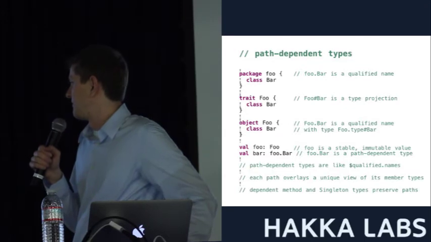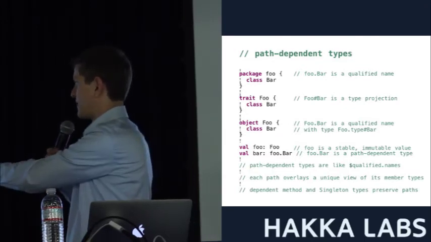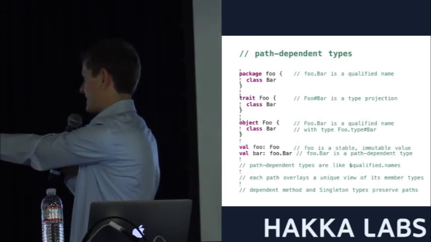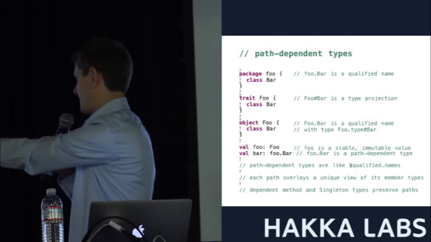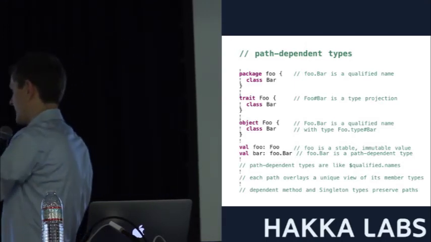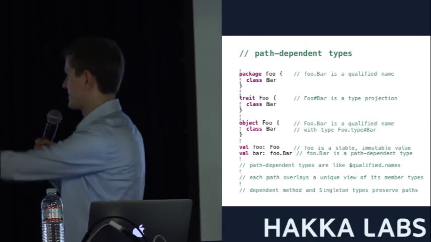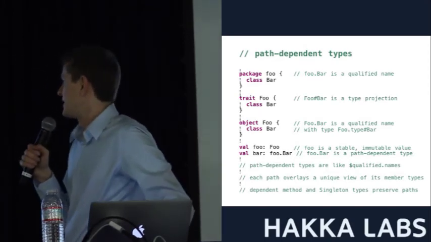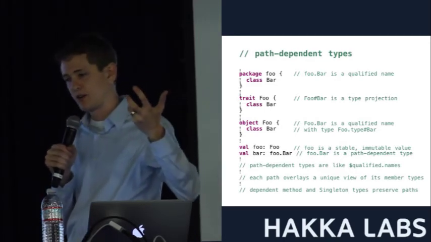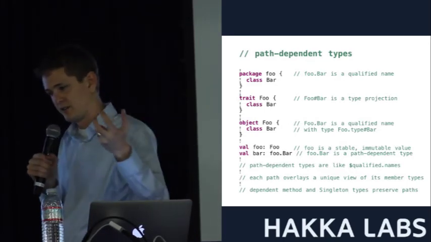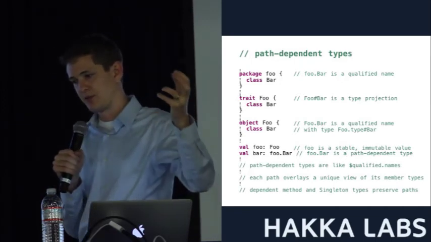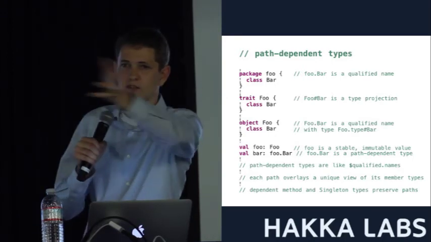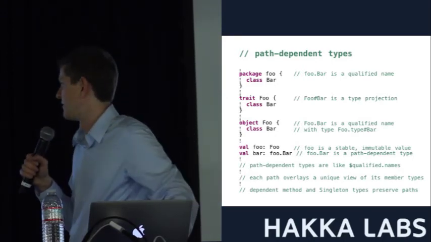And the key reason for that has to do with path-dependent types: this value here has path-dependent types relative to it. And if it was a var, then the compiler couldn't prove that types or values typed with dependent types through that value aren't changing, because you can reassign the var.